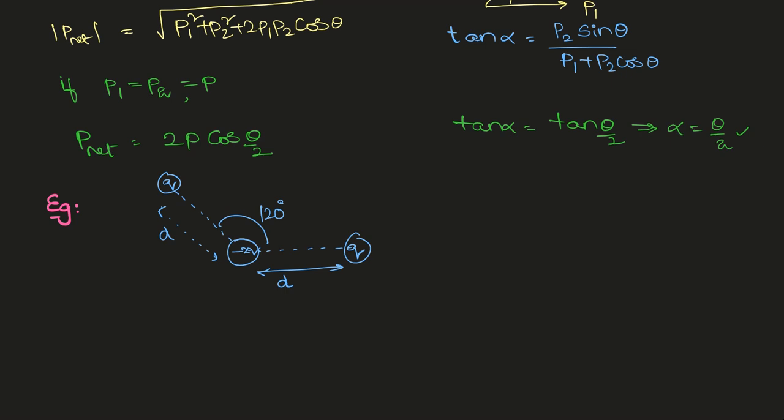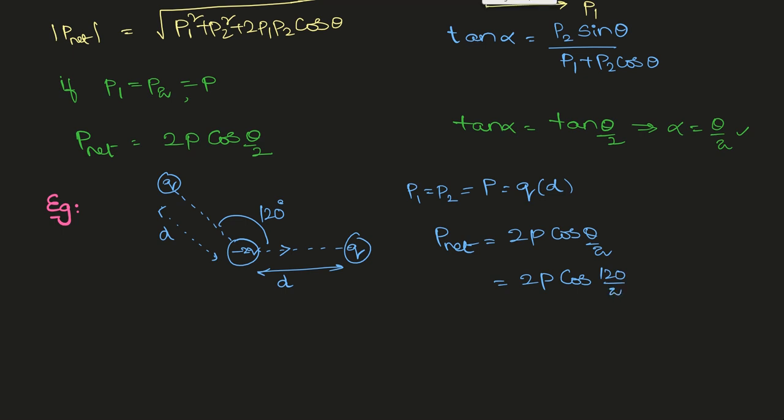Out of this minus 2q, one charge will provide a dipole with dipole moment P, that is q into d. Both dipoles will have the same dipole moment. So the net dipole moment can be written as 2P cos theta by 2, that is 2P cos 120 by 2, or cos 60.